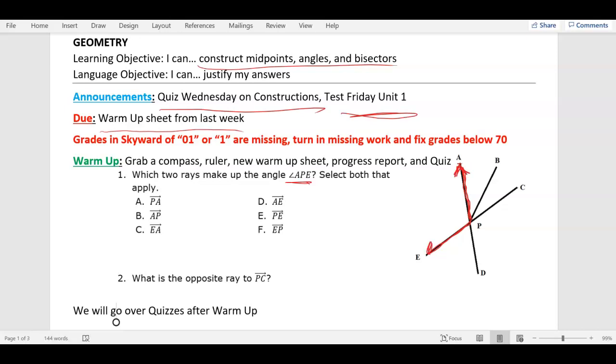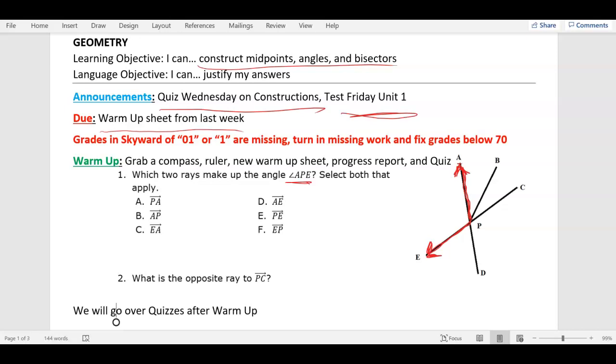It's also going towards E forever. So, check it out. There are two rays, and I want to know the name of these. Now, I'm showing you this kind of tricky problem because it might be on the test on Friday. All right? So again, you want to know how to do this so that everyone's paying close attention so you don't ever get this wrong, maybe on the test on Friday.